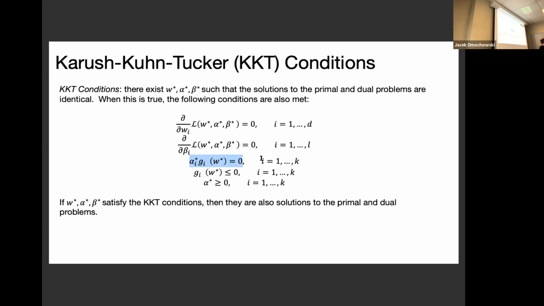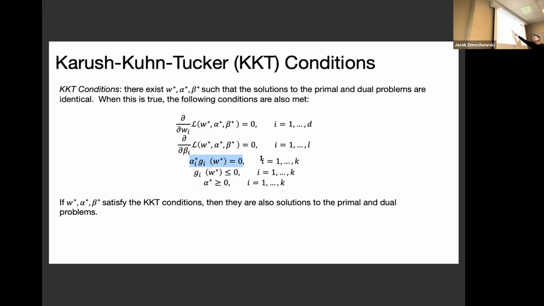Because if you're trying to minimize a bowl and you have to be on one side of the inequality, you're obviously, in many cases, going to be right on the edge, because the edge is going to be the closest to the minimum of that bowl.